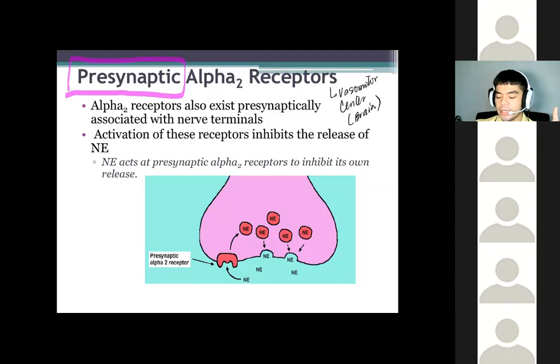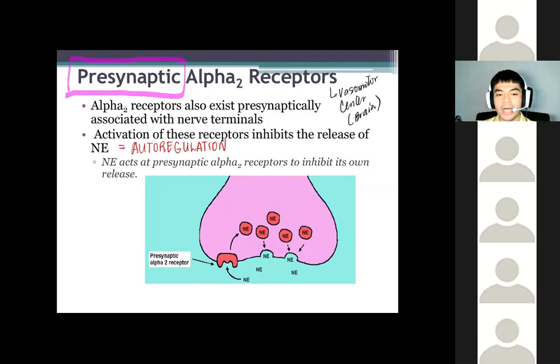Take note, guys, ang tawag natin sa ganitong process, yung inhibits further release of norepinephrine, that is the process called autoregulation.